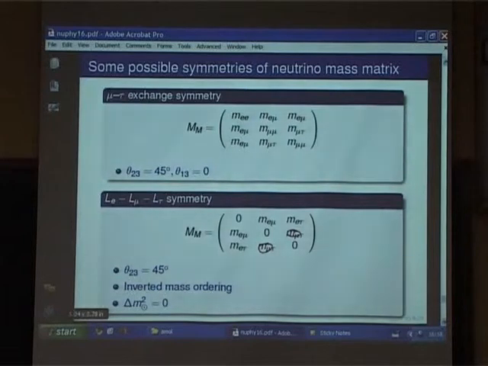You can say that the mass ordering is inverted, and you can say that delta m squared solar is zero. If I just give this matrix and ask you to prove these 3 things, you will be able to do this. So simple symmetries will give you many predictions. That's how you relate some symmetry with predictions for theta. There are no simple rules for doing this. Essentially, you look at this and use your arguments of trace or determinant and so on.